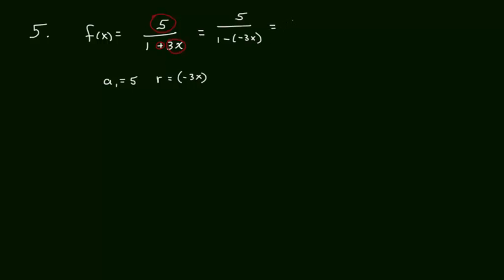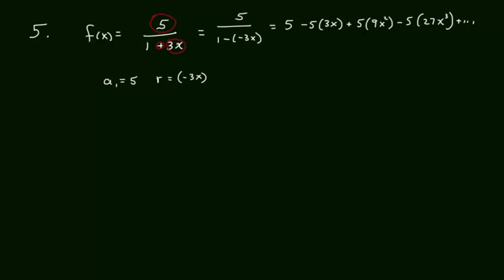So I can continue to write some terms of the series, which is going to be 5. Then it's going to be minus 5 times 3x. Then it's going to be plus 5 times 9x squared. Then it's going to be minus 5 times 27x to the power of 3 plus dot dot dot. There we go. I was successful.